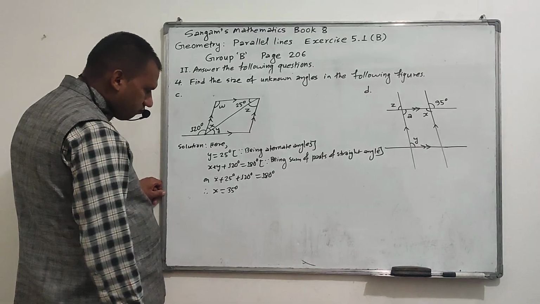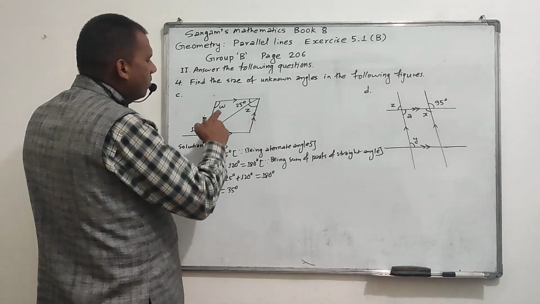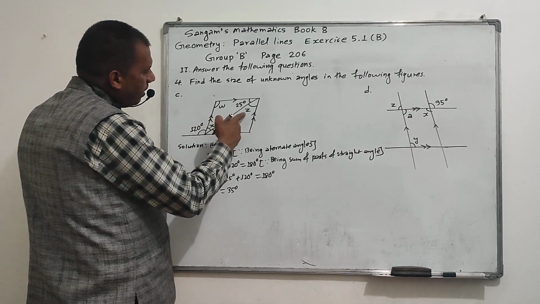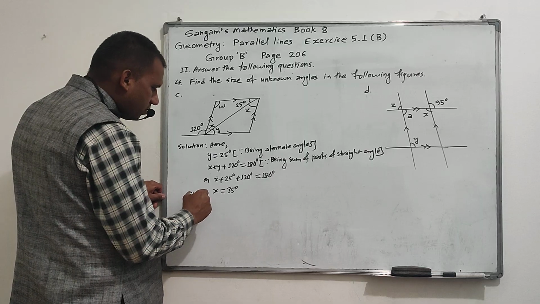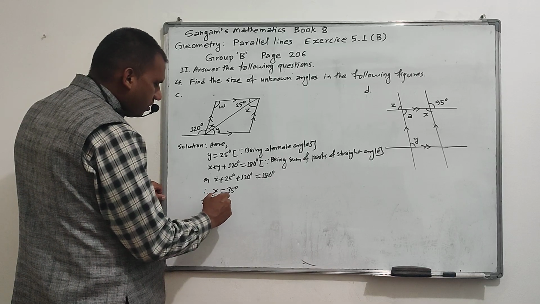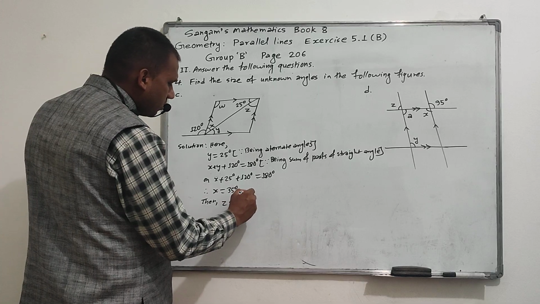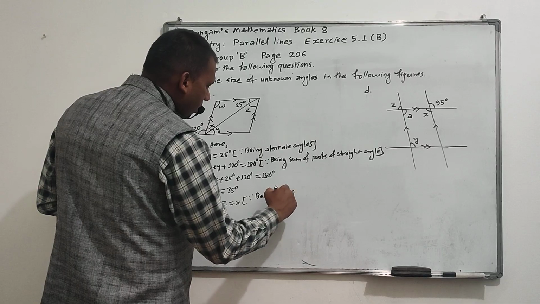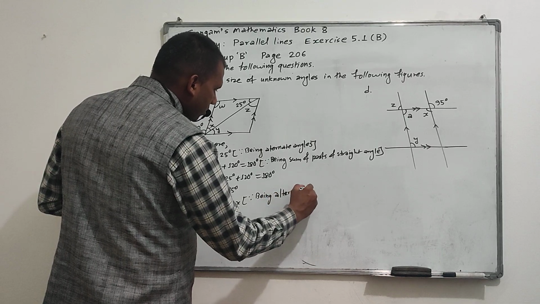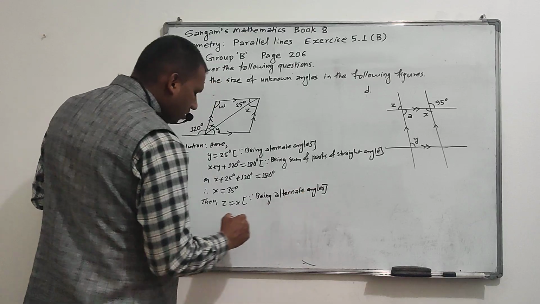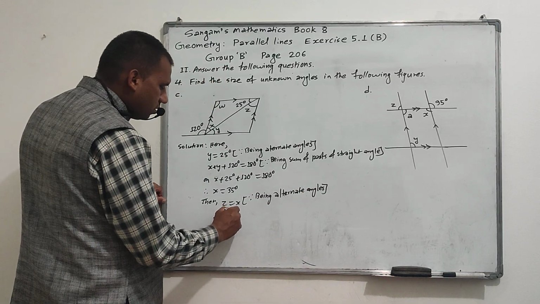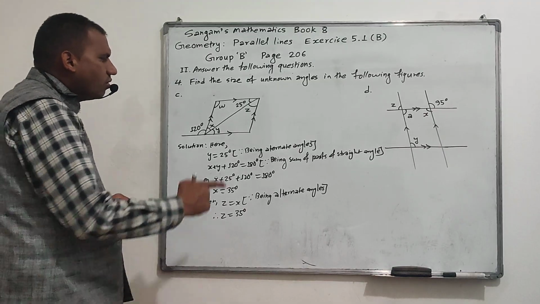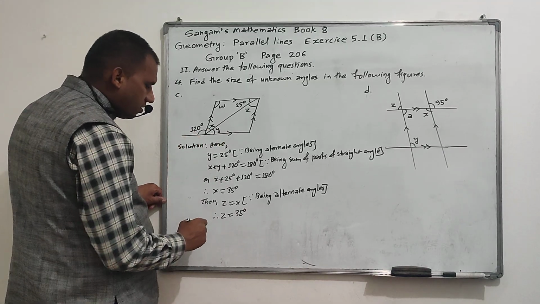Then you have to find w and z. Here x and z are alternate angles, so then we can write z equal to x being alternate angles. Therefore z equal to 25 degree. Again w and 120 degree, they are alternate angles.